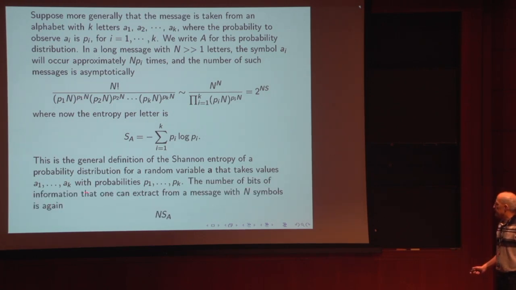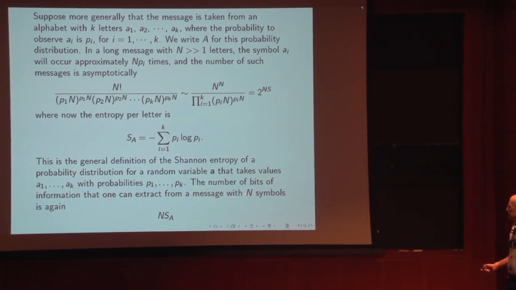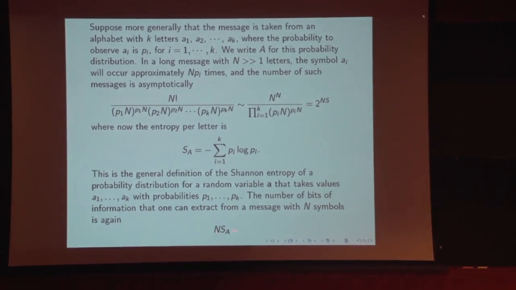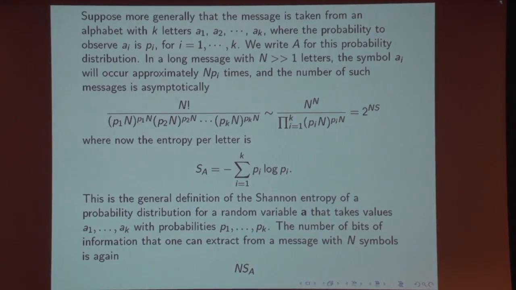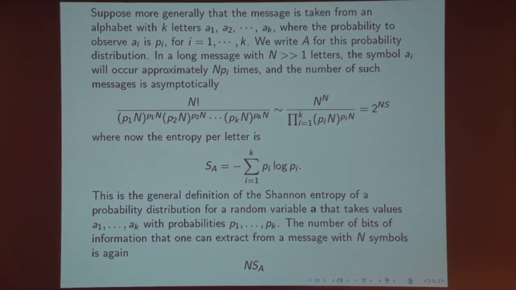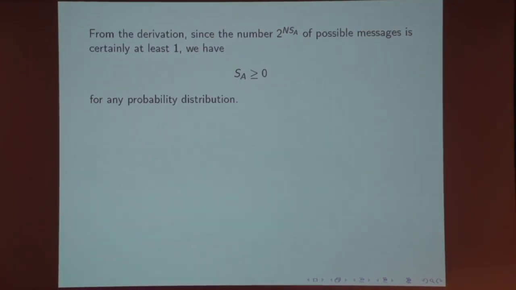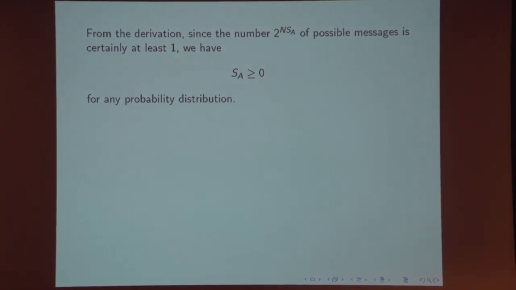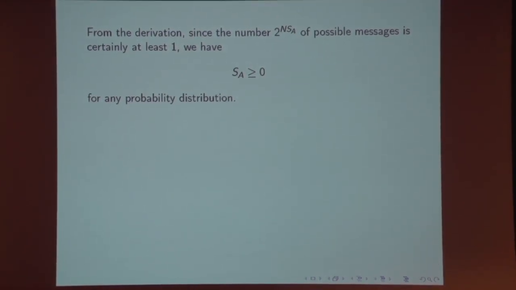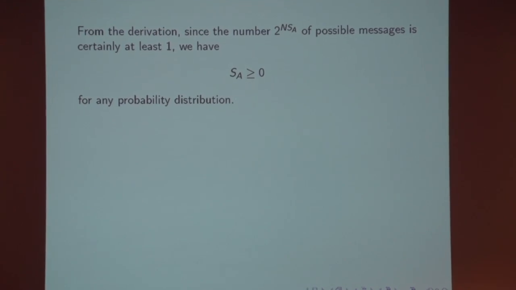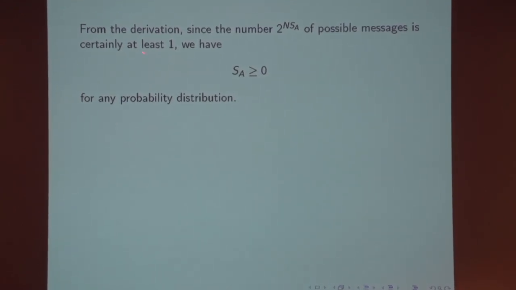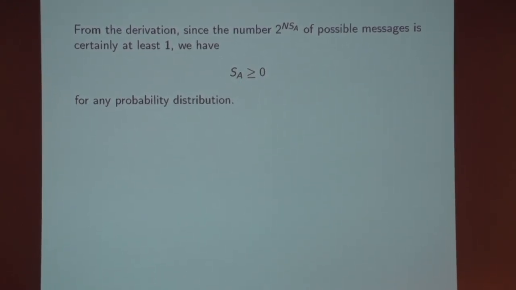And the number of bits of information you can extract from such a message is always n times the entropy. In other words, it's the logarithm of the number of possible messages. Now, since 2 to the n times s is the number of possible messages, and the number of messages is at least 1, clearly the entropy is always non-negative.